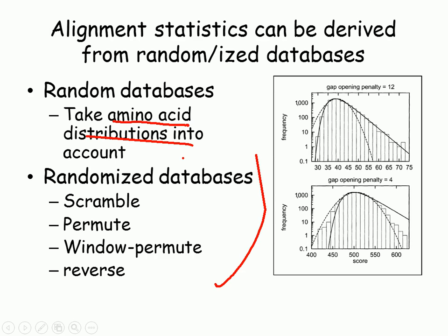No, it's completely random. You just chop it up, shuffle it, reverse some parts, and keep others. So this is just a way to generate something that's random, but that still has the same features of a real biological database.